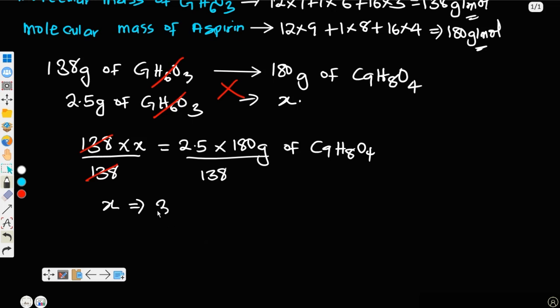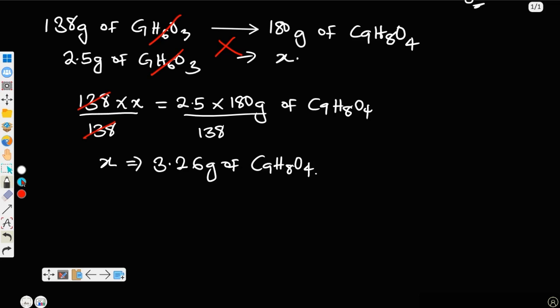That will give us 3.26 gram of C9H8O4. This here represents the theoretical yield of aspirin. That is what we are supposed to get from 2.5 gram of salicylic acid.